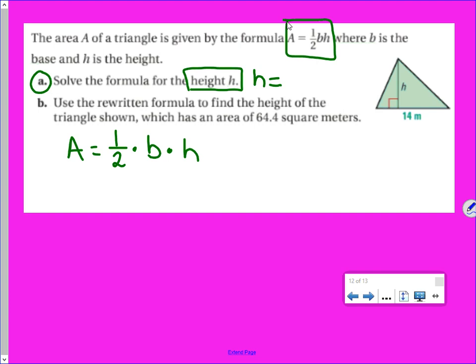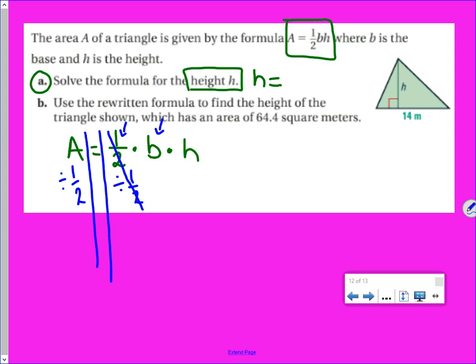So we have to get rid of the 1/2 and the B so that H is left all alone on its side. First off, if we're multiplying by 1/2, we need to divide by 1/2. Dividing by 1/2 is really multiplying by 2, so the 1/2s are going to cancel.